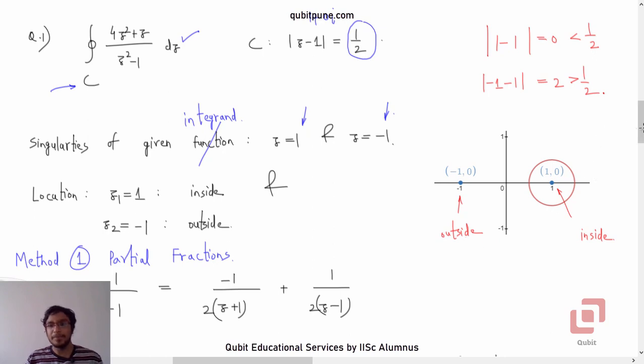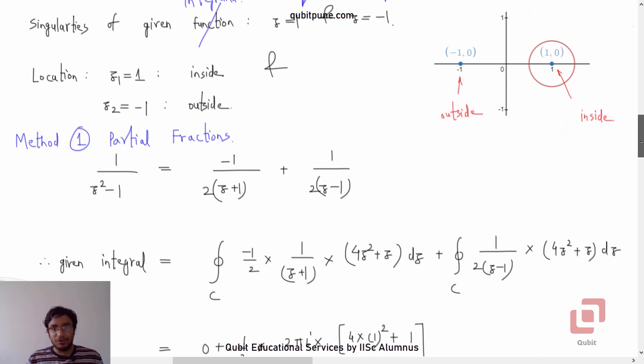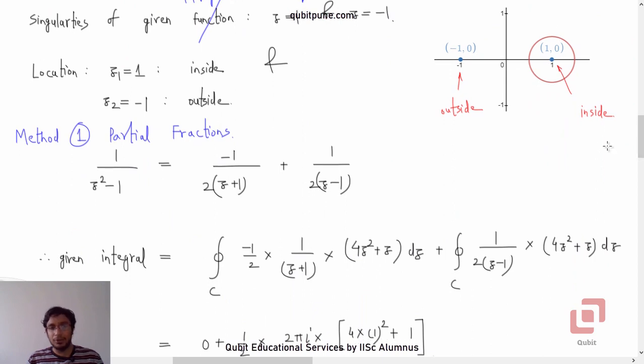Which means we have to now split the denominator into partial fractions, because we are only interested in the point 1 comma 0 or 1 plus 0i, and not in the other point minus 1. So this is how we proceed. We can solve the problem by two methods. Method 2 is a better one, but let us first solve it by the method of partial fractions.